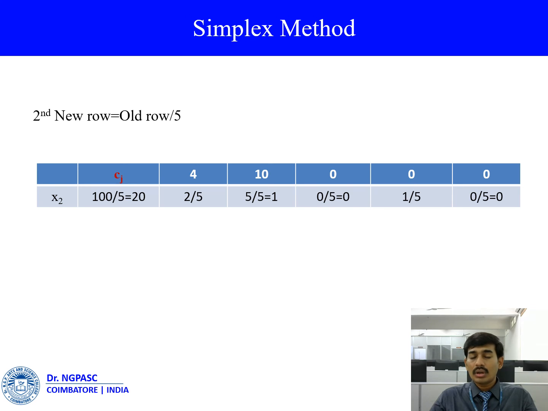The old row divided by 5, which means the key element equals 1.